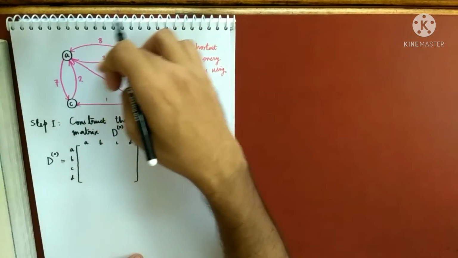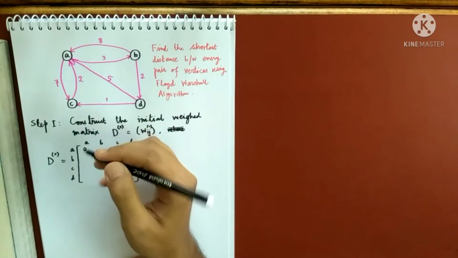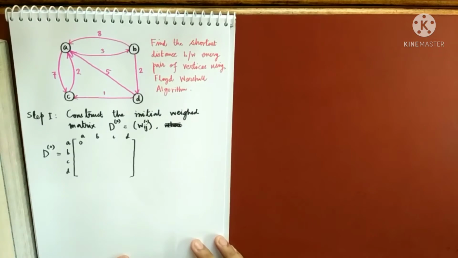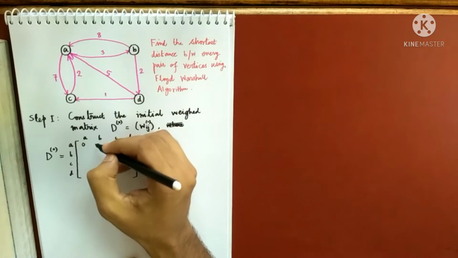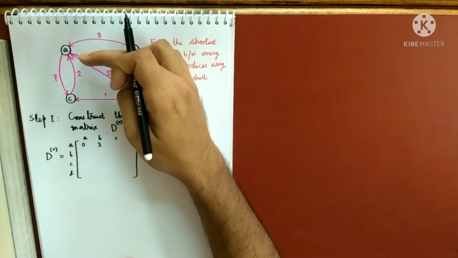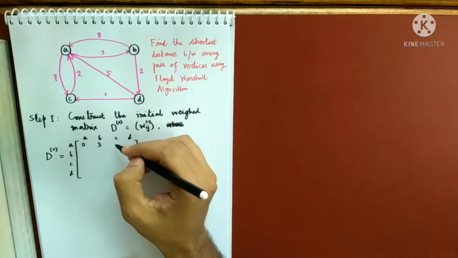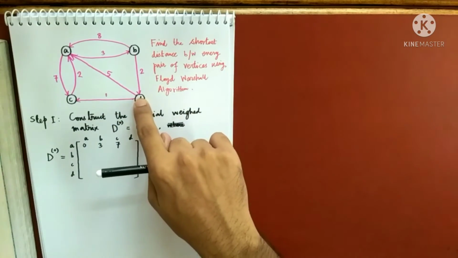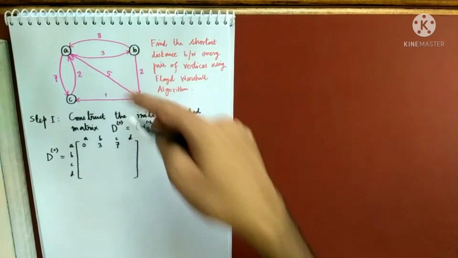So let's very quickly write down the weights. A to A will always be 0 because there are no loops, and even if there are loops, we'll try to avoid that. So A to A is 0, A to B is 3, A to C is 7, and A to D I cannot see a direct edge. I can see an edge from D to A, but no edge from A to D directly.